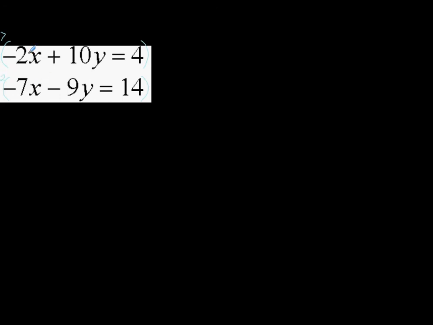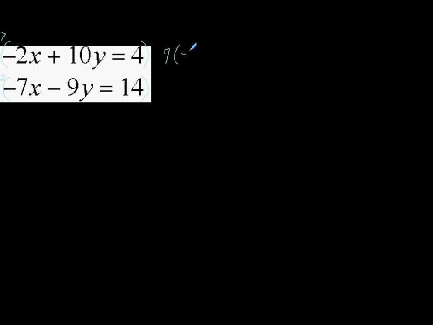What that will do is force this 2 to become 14 and force this 7 to become 14. Now here's where we have a problem, however. If we multiply those, we will have the same coefficient, but we'll also have the same sign. They're both positive. So in this situation, we must multiply one of these by a negative number. For example, let's take this 2, it's the smaller one, and let's multiply this bottom equation by negative 2.